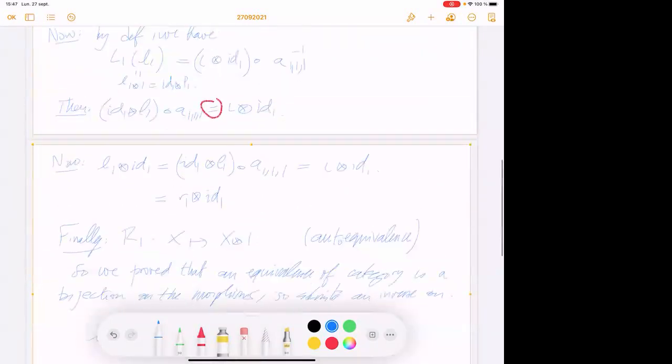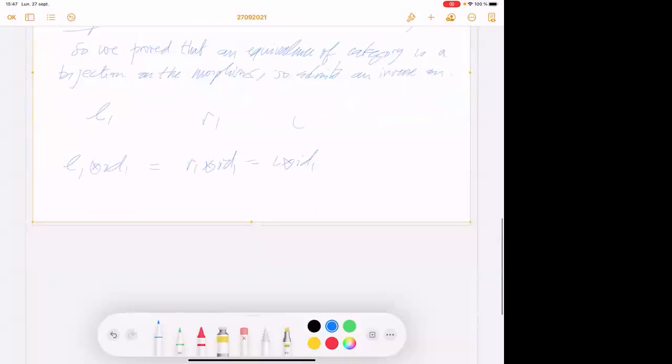This is what we just proved. But for going from there to there, you just apply R1. But we know we can apply the inverse on the morphisms. So you can apply the R1 inverse, and then you get the equality. And the result follows. Okay.